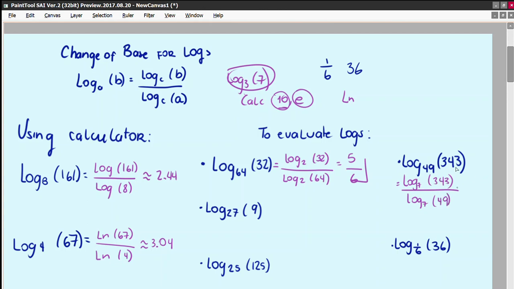Here, it's easier to evaluate because you know that 7 to the power of 3 gives you 343, and 7 to the power of 2 gives you 49. So the result for this logarithm is 3/2.